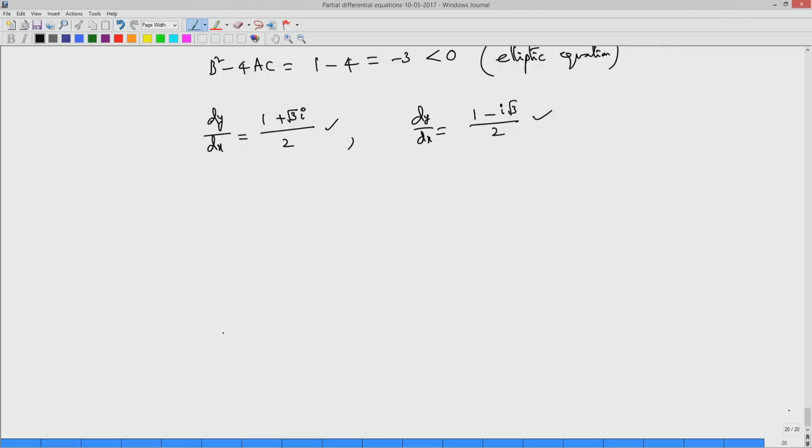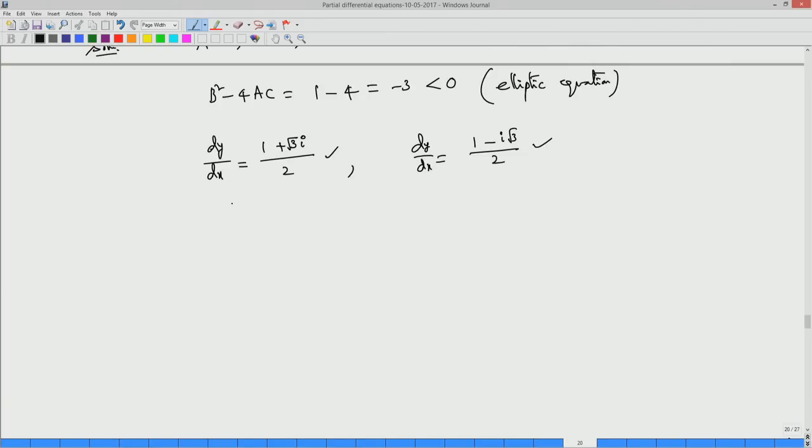Solving them, dy equals 1 by 2 plus i root 3 by 2 times dx. So this becomes y minus 1 by 2 plus i root 3 by 2 into x equal to C1. So this should be your xi of x, y.